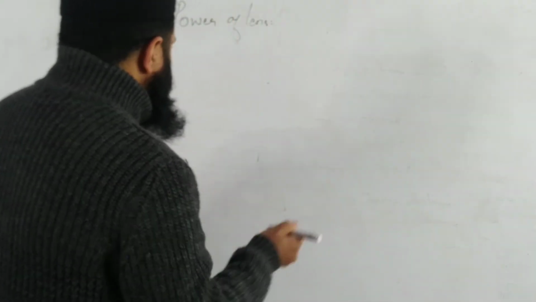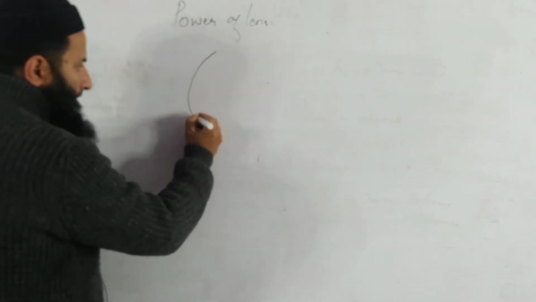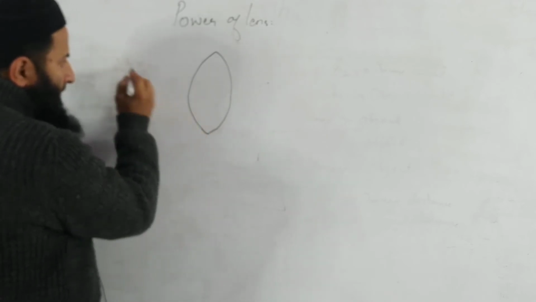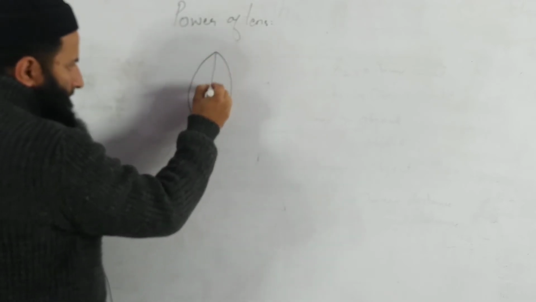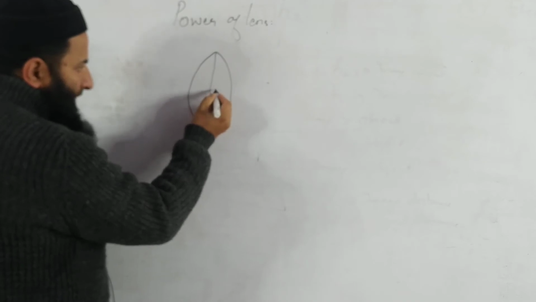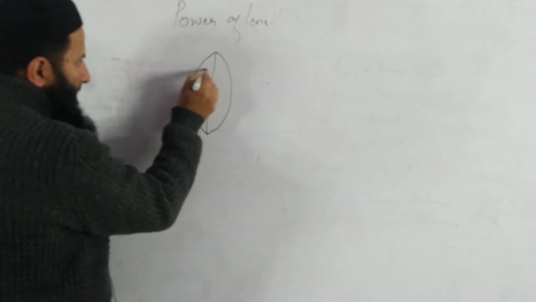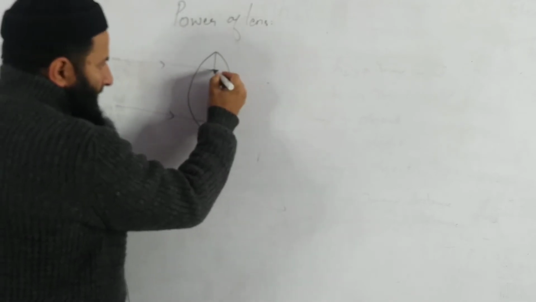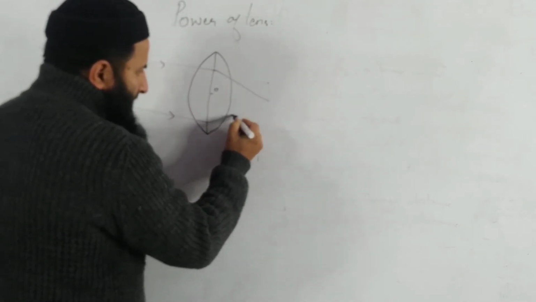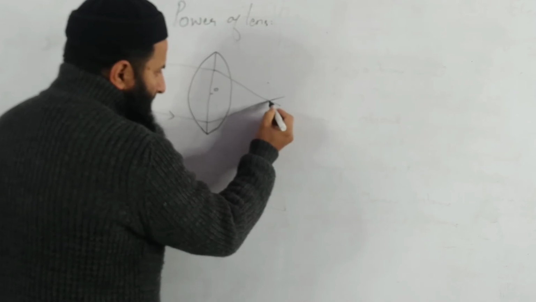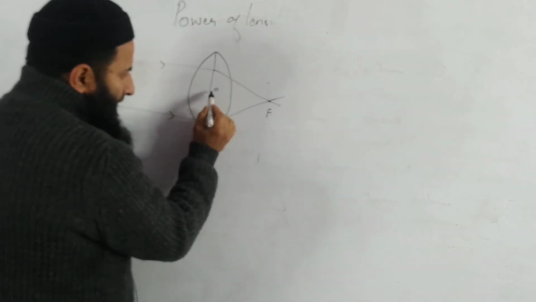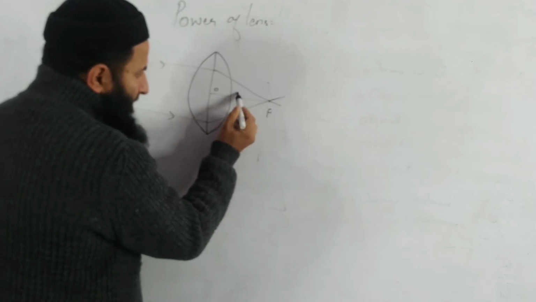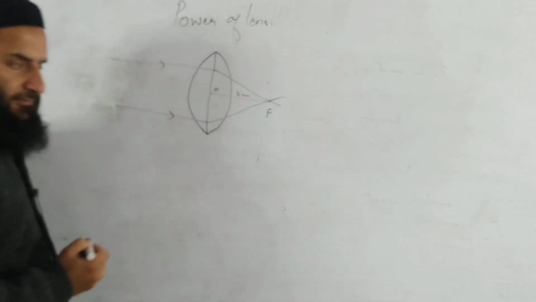I'll give an example here. It's a convex lens. This is the optical center here. These are light rays passing through it. Let them intersect here at point F. Let the distance from this O to F be 5 centimeter.